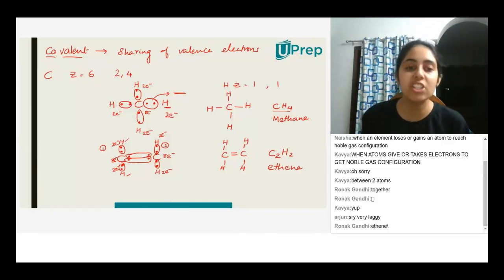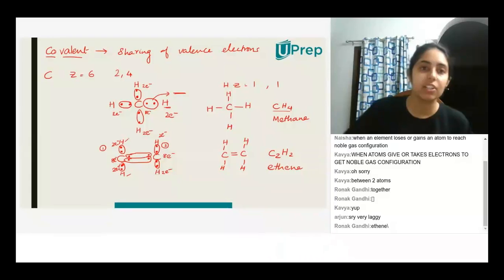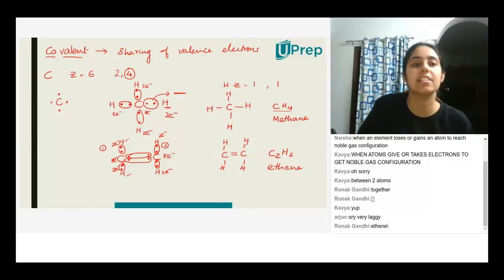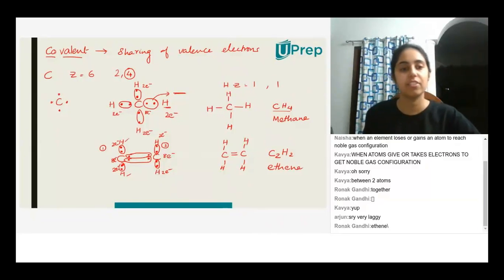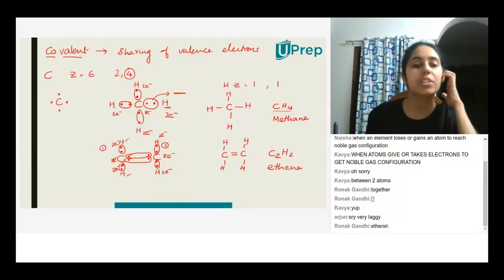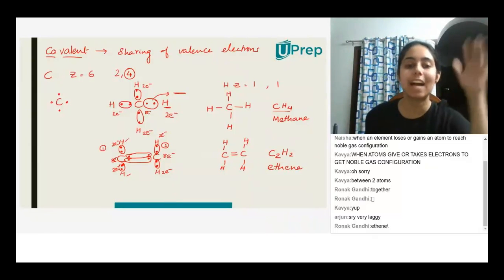So the Lewis dot structure only has the valence electrons. The number of valence electrons in carbon is 4. That is why in the Lewis dot structure, I'm only drawing 4 electrons. Is this clear, Ronak? Yes, ma'am. Okay. So Lewis dot structure has only the valence electrons.